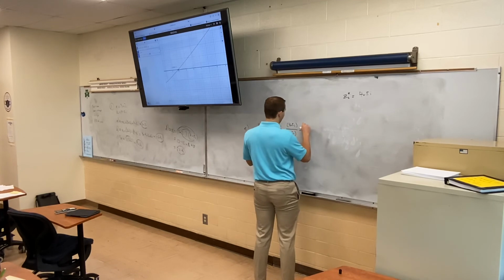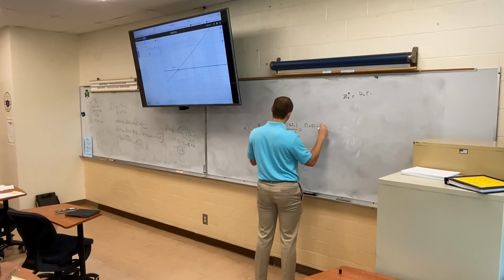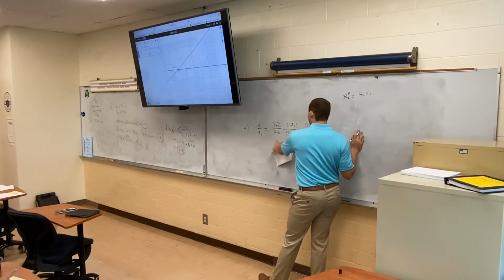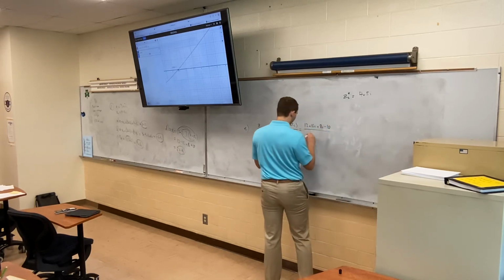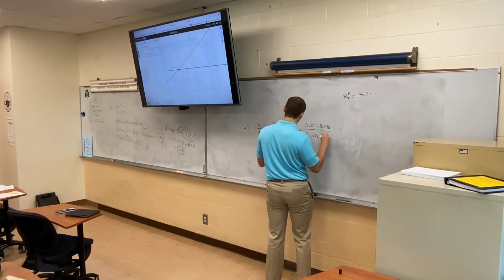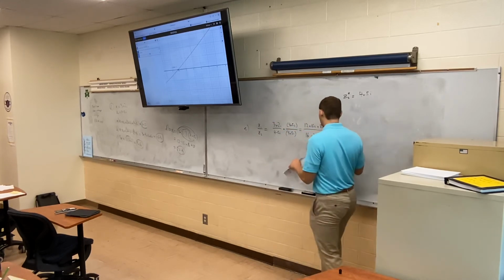So the top becomes, we're going to FOIL, 12 plus 15i plus 8i minus 10. I did that fast. The bottom becomes 16 plus 20i minus 20i plus 25. Wouldn't it be 10i squared?